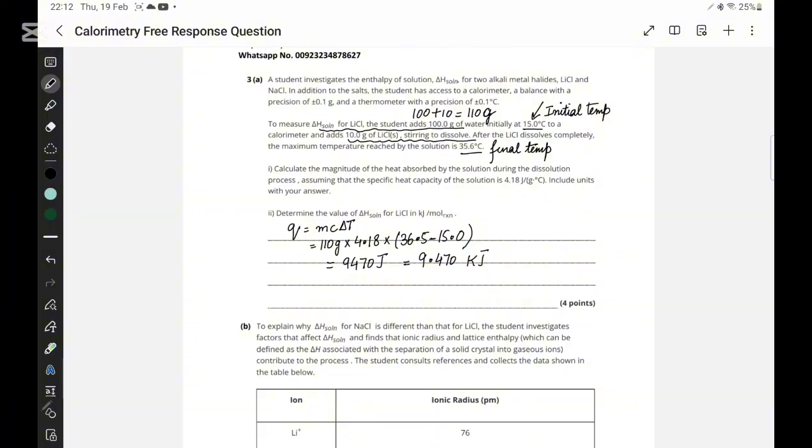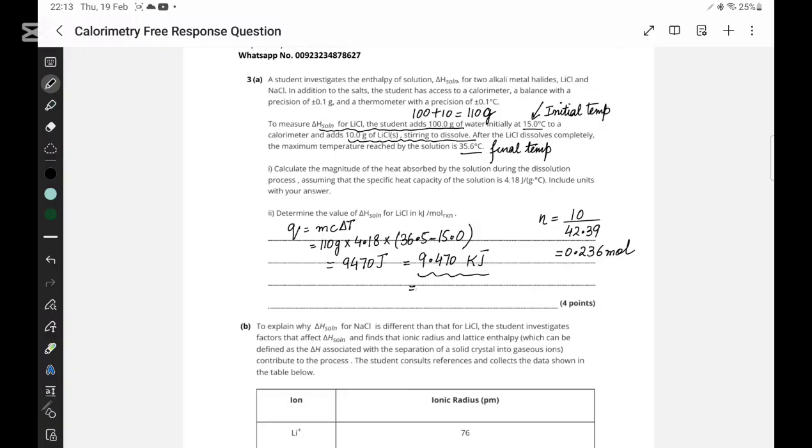Now they are dissolving 10 gram of LiCl. So first we are going to find the moles. Mass is 10 grams, and the molar mass of LiCl is 42.39. So it comes out to be 0.236 mole. And this value, which is heat, refers to the system, not the surroundings, so it is going to be negative.